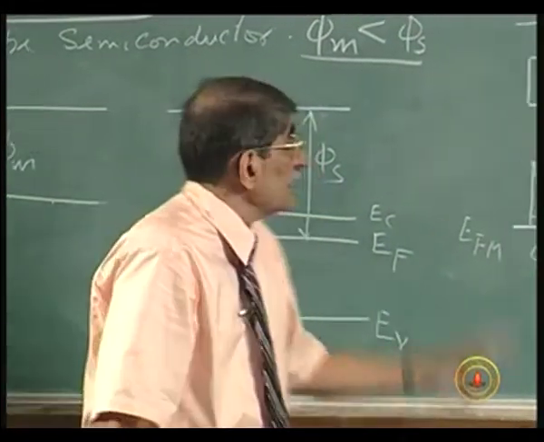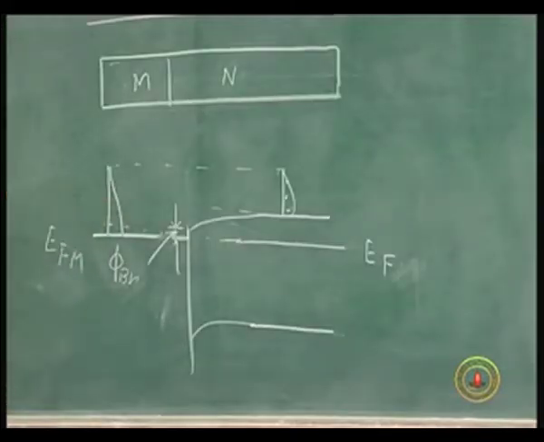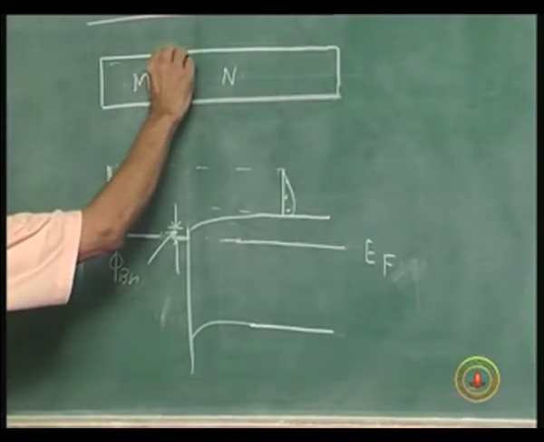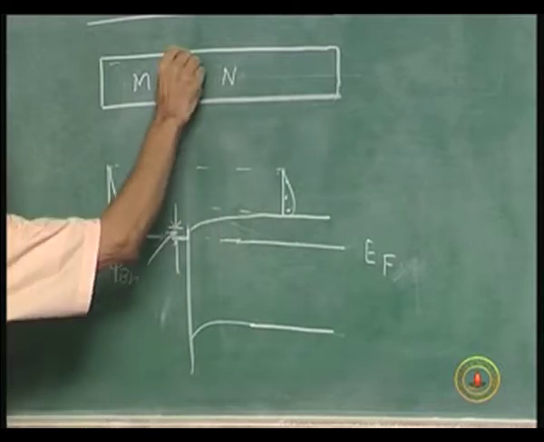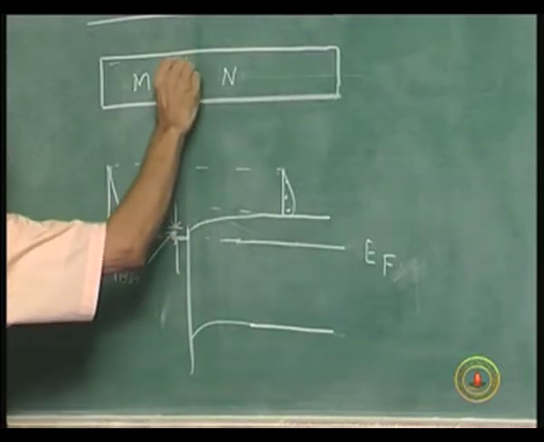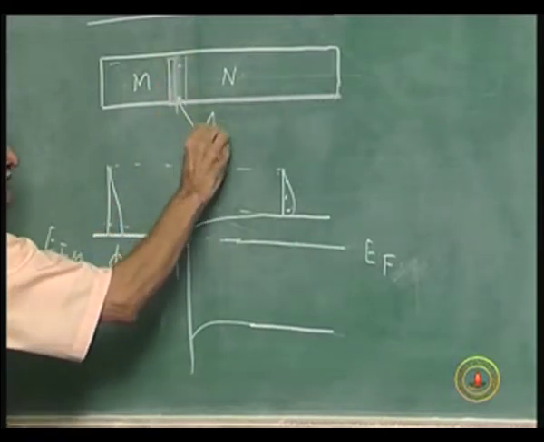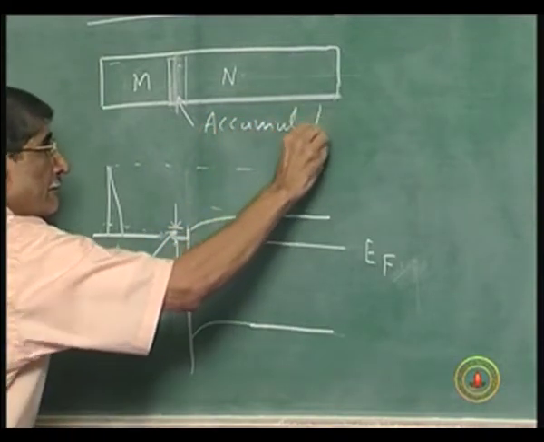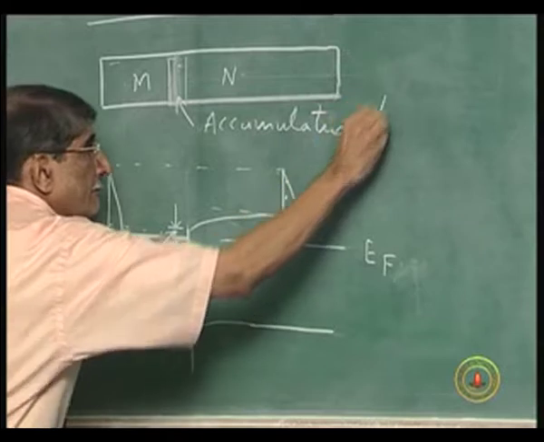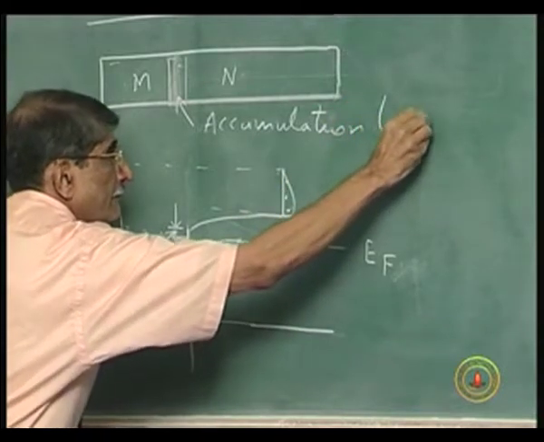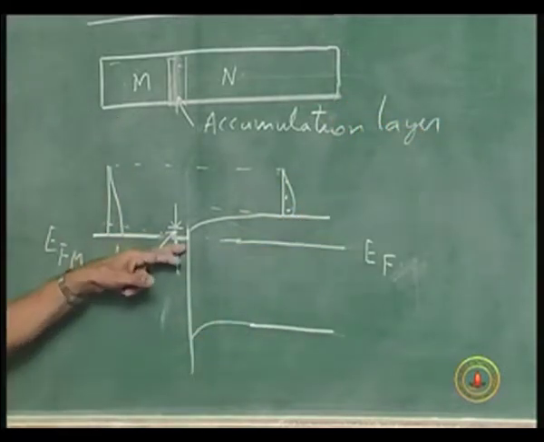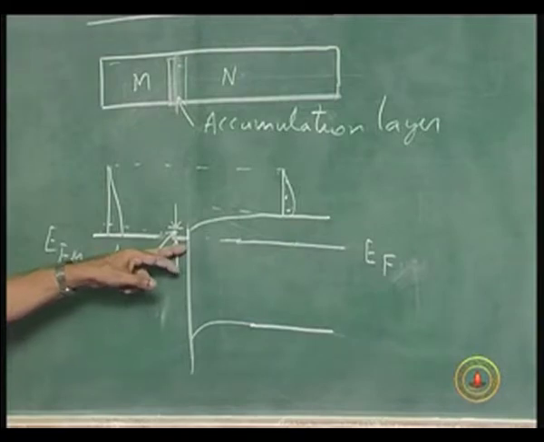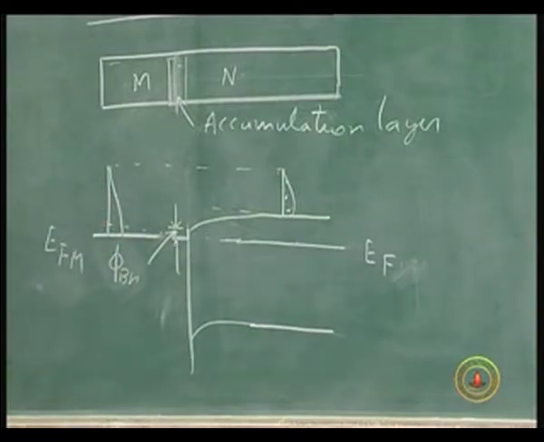Now, if I apply a potential to this, what you have here is a slight accumulation layer. You can actually draw the diagram if that difference is too much.